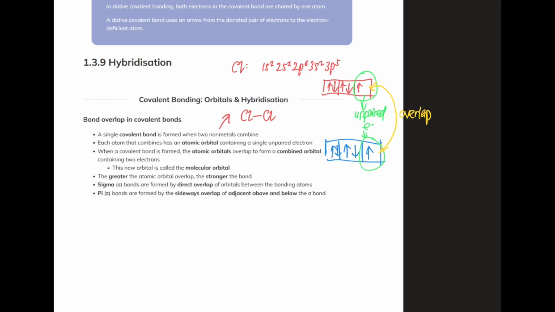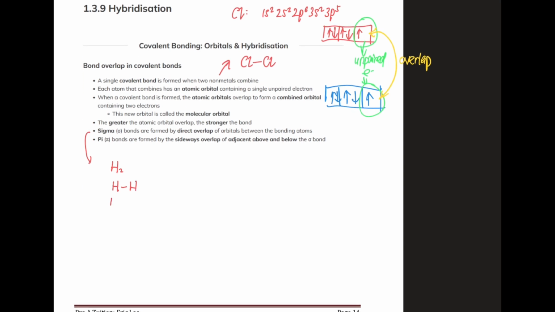In terms of picture, it is like this. For example, H2. H2 is hydrogen and hydrogen. Hydrogen, you know, there are 1s1 and 1s1. The orbital is sphere shaped, so it overlaps with a sphere shaped one. This is where the atomic orbitals overlap, and they overlap in this way.